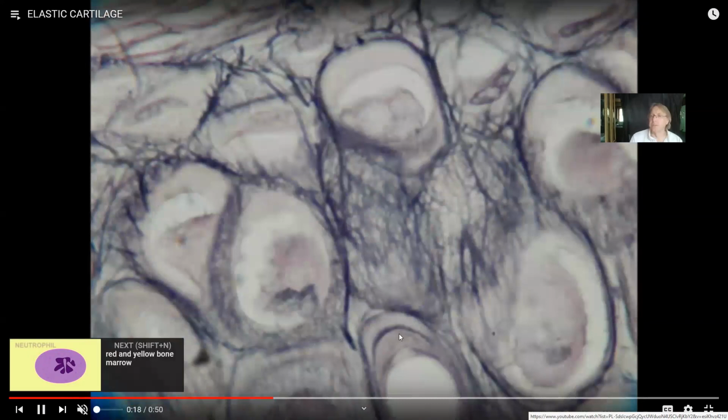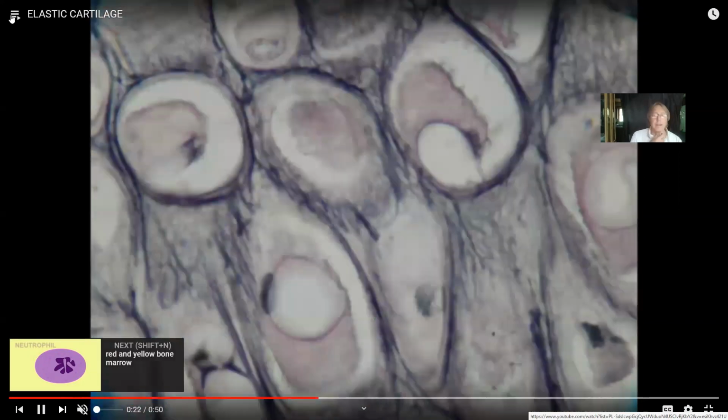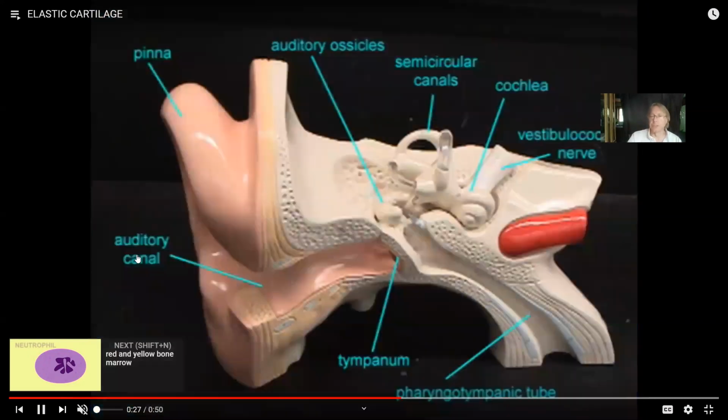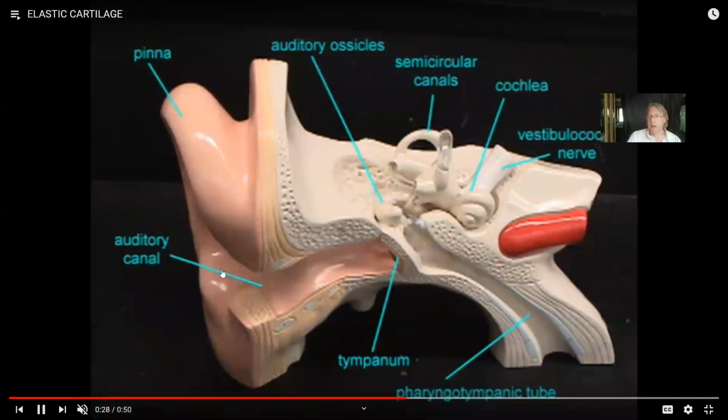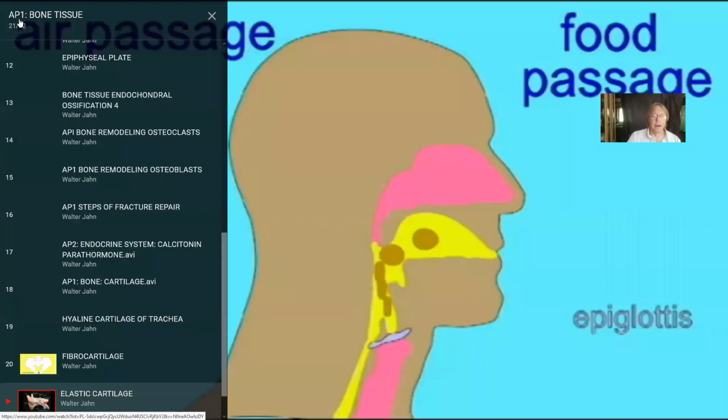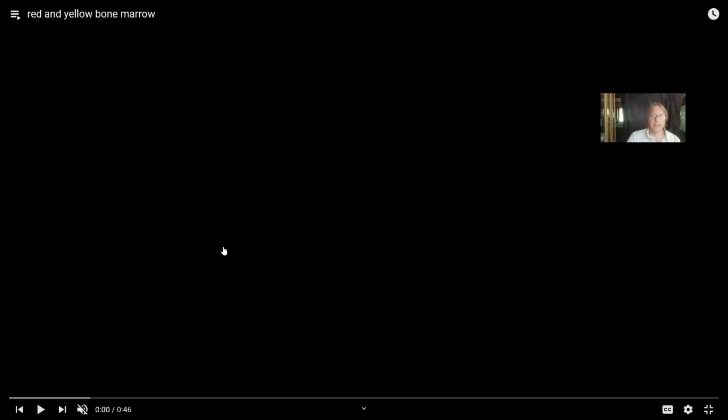So if we don't want a bolus of food to pass into our trachea where it could cause us to suffocate, the epiglottis closes over the glottis, and the epiglottis is made of elastic cartilage and a very important part of it. So while we often think primarily of skeletal tissue when we think of the skeletal system, obviously cartilage plays an important role as well.